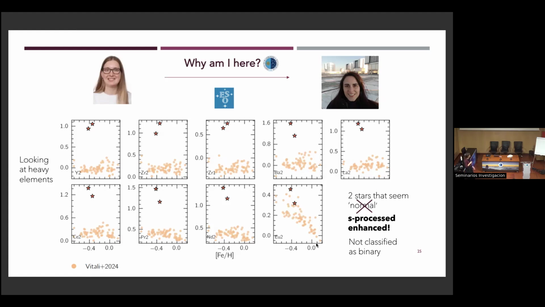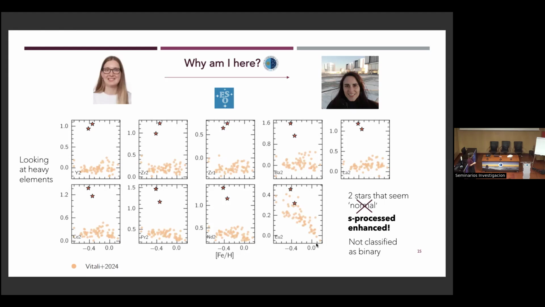who was also at ISO at the time, if they might be interesting for another type of study. And in fact, Anna convinced us that these are not just stars to discard because they ruin our chemical age relation, but these are probably binary stars, s-process-enhanced, that however are not classified as binary.